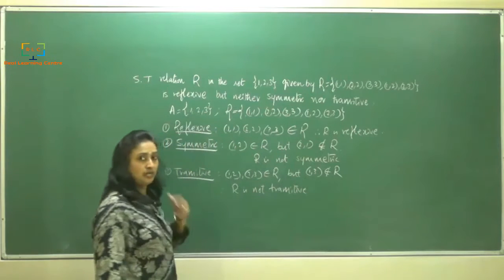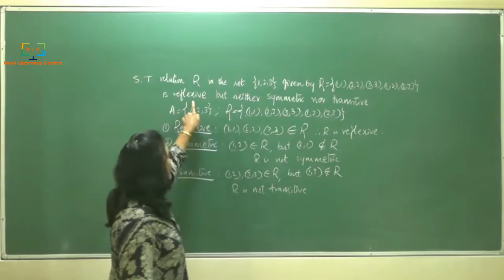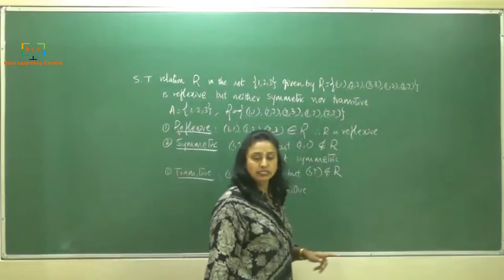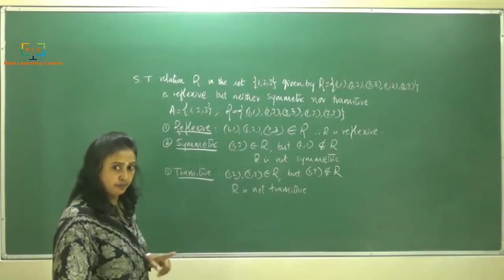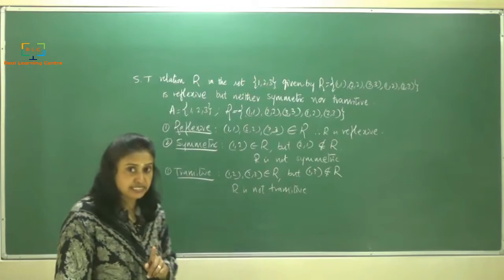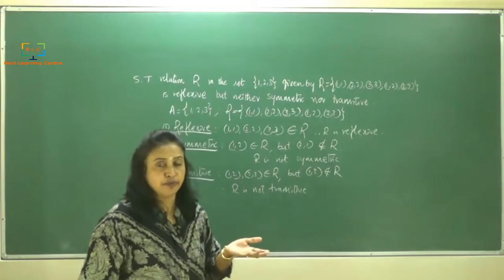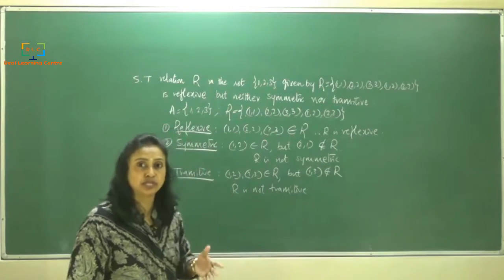So we proved 1, 2, 3, these 3 statements tell us that the given relation R is reflexive but is neither symmetric nor transitive. You can declare the answer at the last if you want. But then I would like to tell you one point. If you have to prove yes it is reflexive, yes it is symmetric for any generalized problem, then you have to generalize and write only. You cannot write with a 1, 2, 3 example.